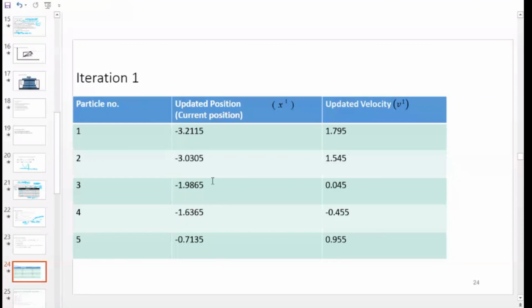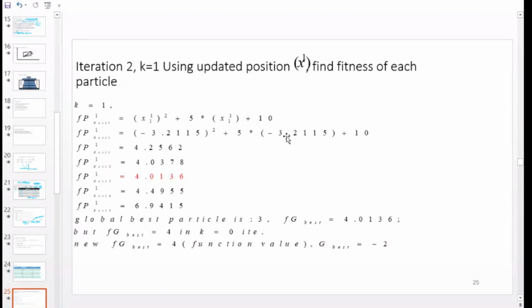Okay, now same procedure, repeat the same procedure. You have obtained new values of x. Now find out the corresponding values of f of x, and then we will carry out the comparison.